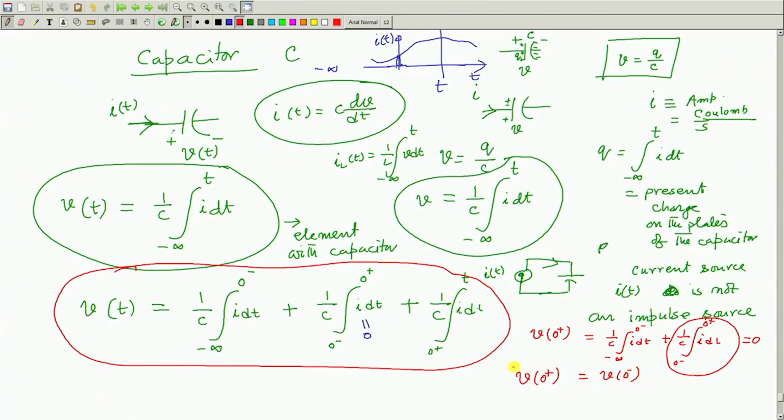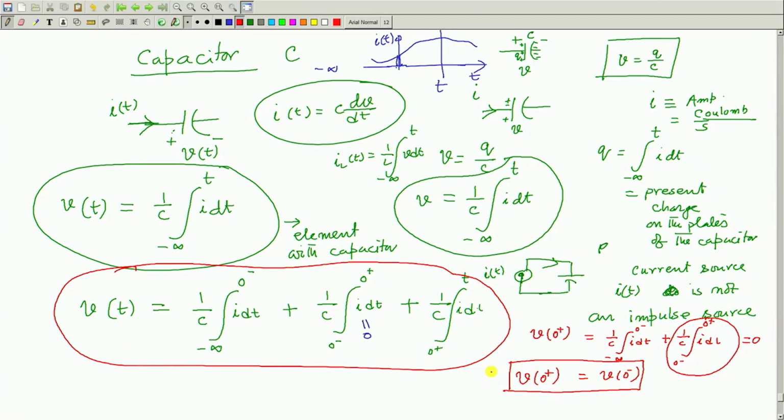Therefore, I will say that unlike an inductor, voltage across the capacitor plates cannot change instantaneously. It must be a continuous thing. I am presuming that at t equal to 0, I am going to change something in the circuit.